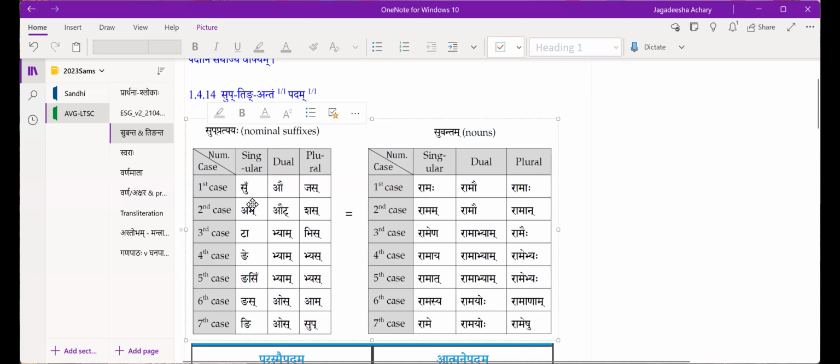Let's just take the first vibhakti. Su, au, jas are the 3 first vibhakti pratyayas for singular, dual, plural. When you add su, au, jas to the pratipadika Rama, you get Ramah ekavachana, Ramau dvivachana, Ramah bahuvachana.